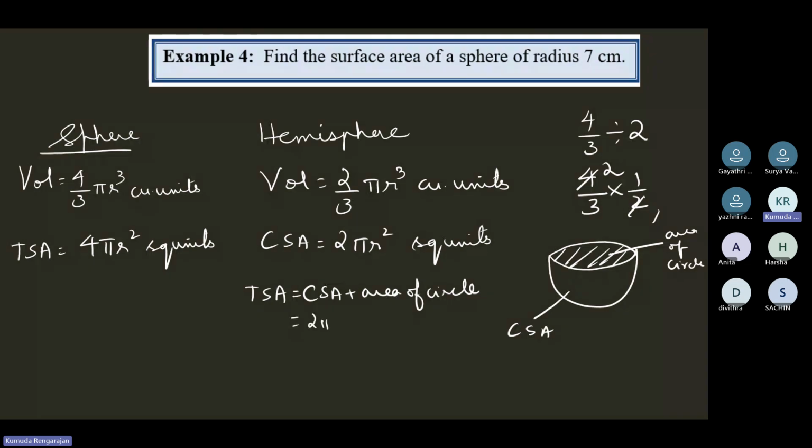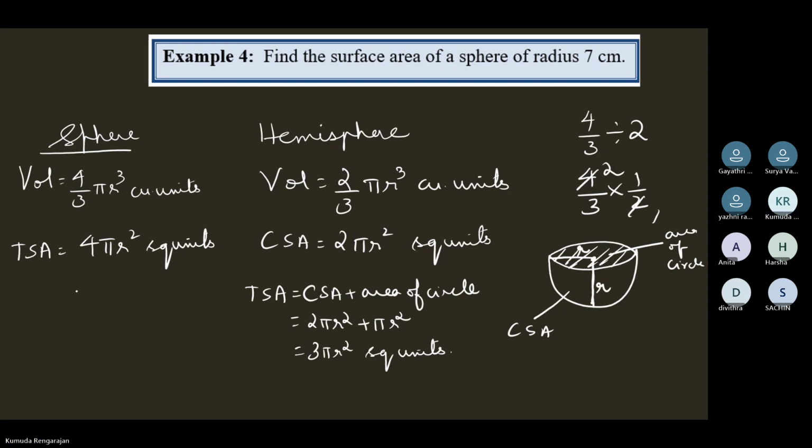CSA is 2 pi r square plus area of circle. Important: in a hemisphere, the height is equal to its radius, r.